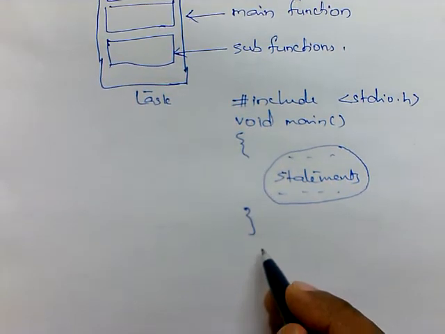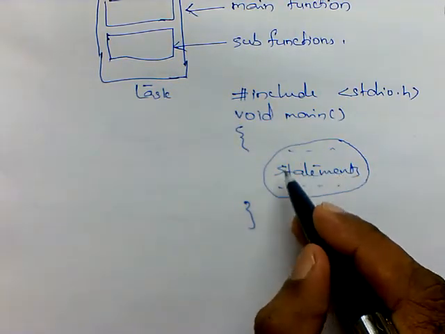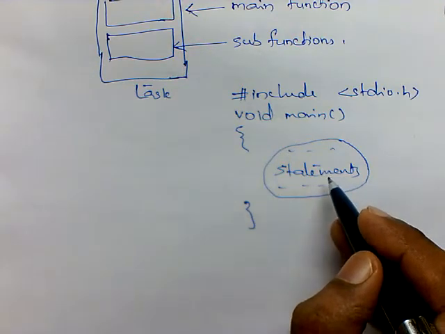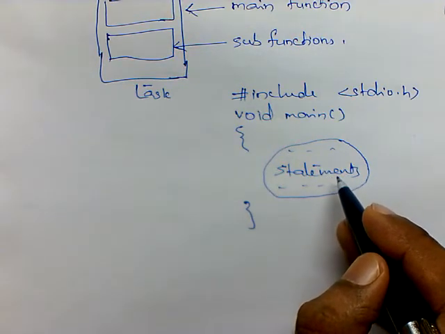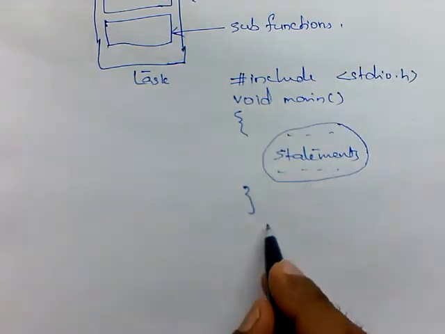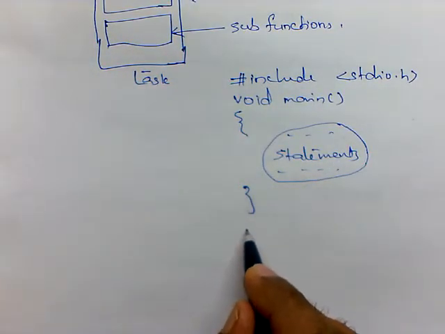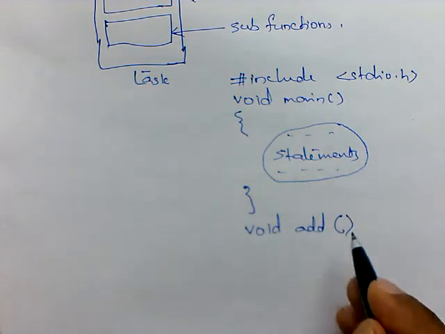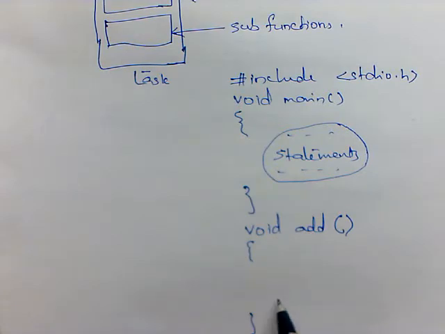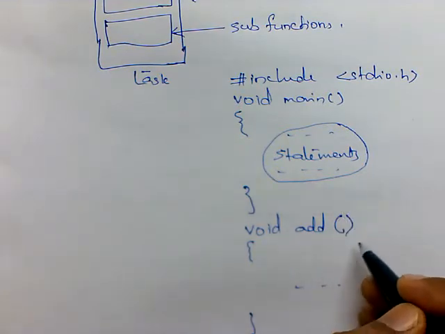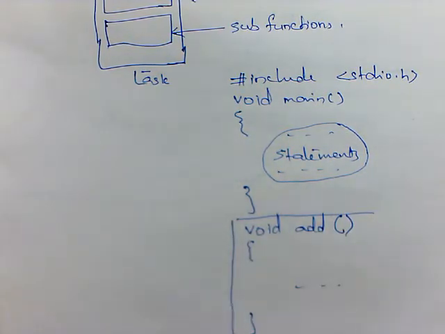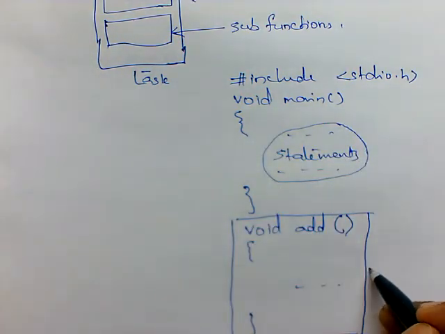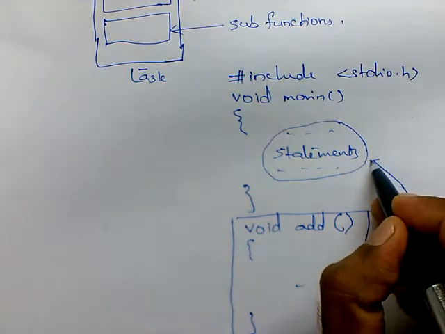So if you want to add two numbers, instead of writing the statements to add them here, I can write them in this function. This is our subfunction, and this is our main function, so you can call this subfunction here.